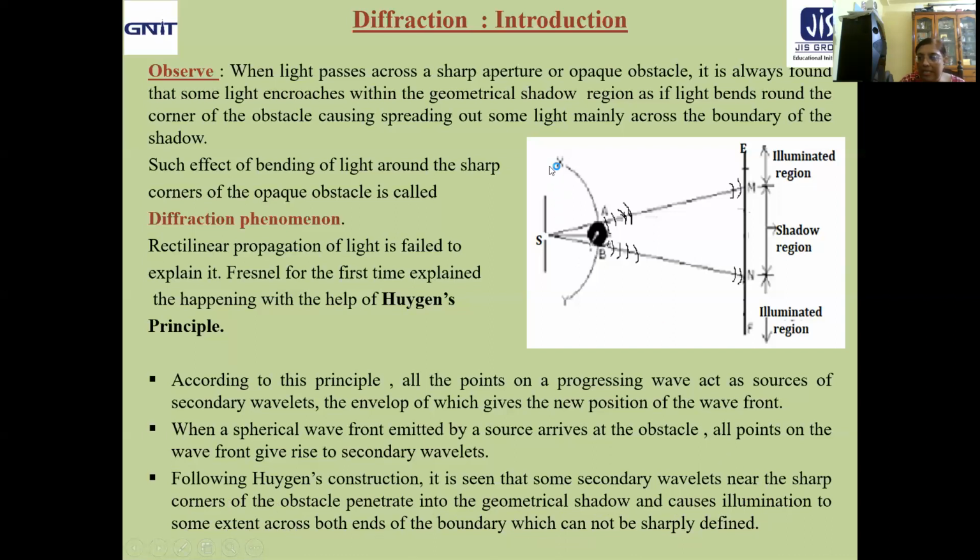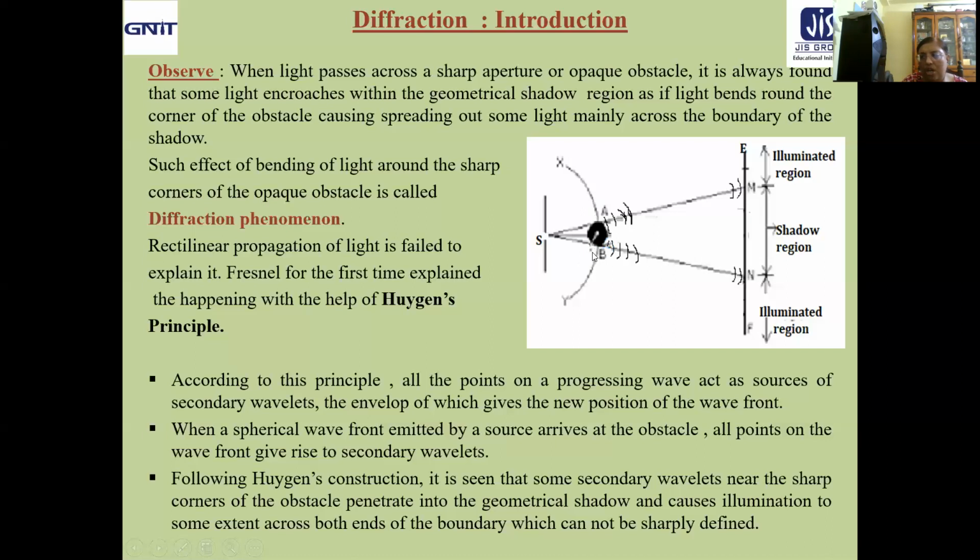Now, when these types of wavefronts occupy the plane of the obstacle or any aperture, it is found that some portion of this secondary wavefront or wavelet will penetrate into the geometrical shadow region, because these are mostly spherical.